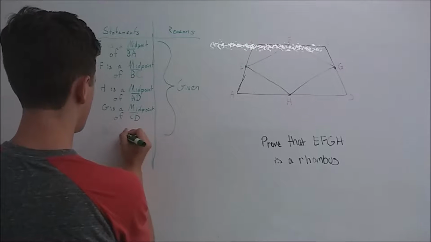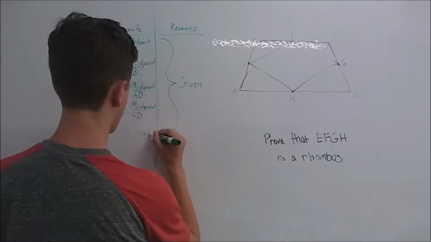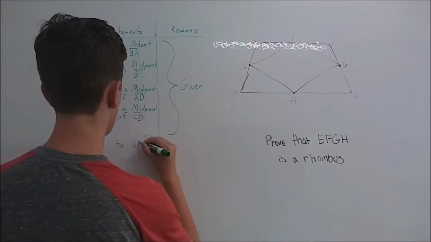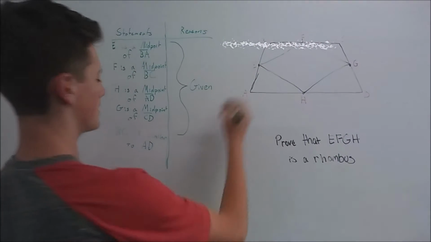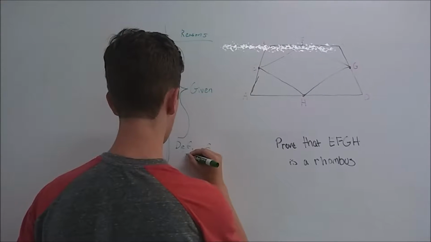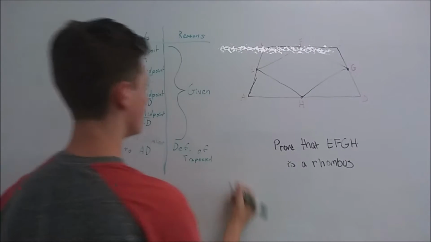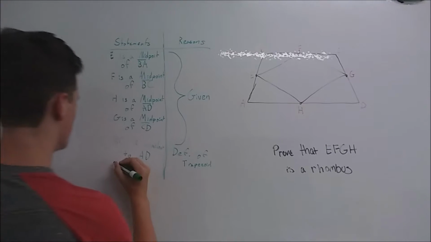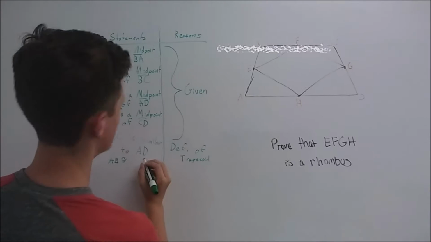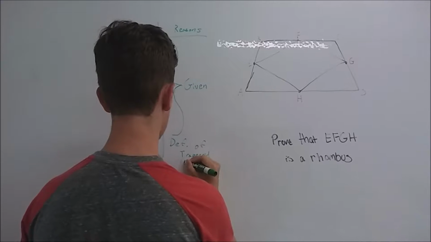BC is similar to AD because of the definition of a trapezoid. And AB is congruent to CD, and that's also the definition of a trapezoid.